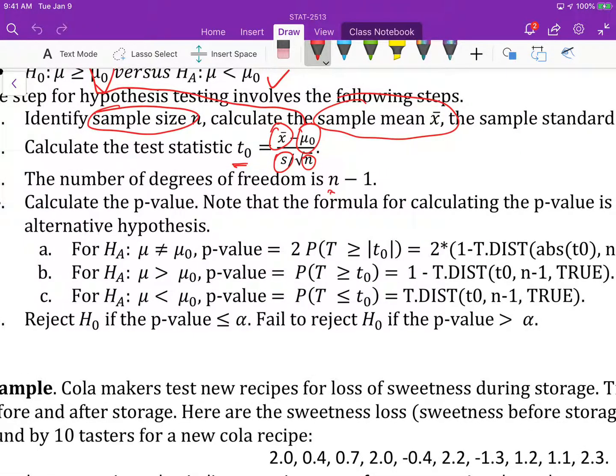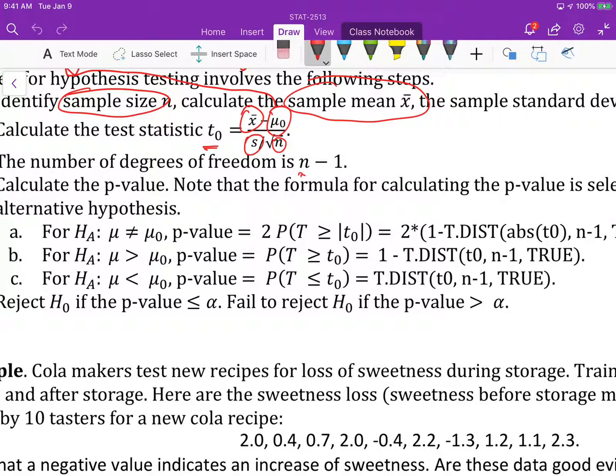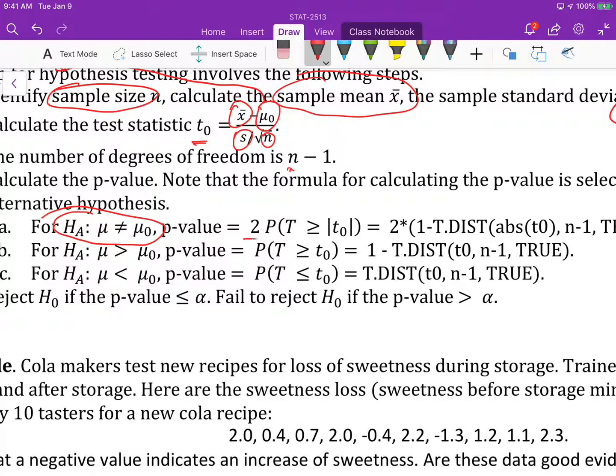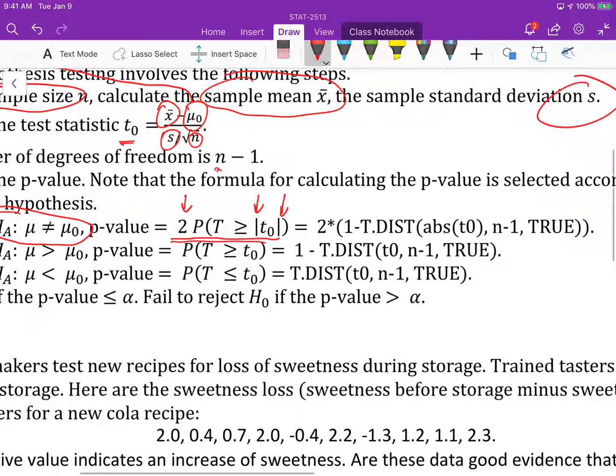If you are conducting a two-sided test, suppose the alternative hypothesis is mu not equal to mu zero, then the p-value will be this two-sided one. Notice this is 2 times, and notice you have an absolute value here. In fact, we cannot calculate the p-value by hand, and we have to use Excel.